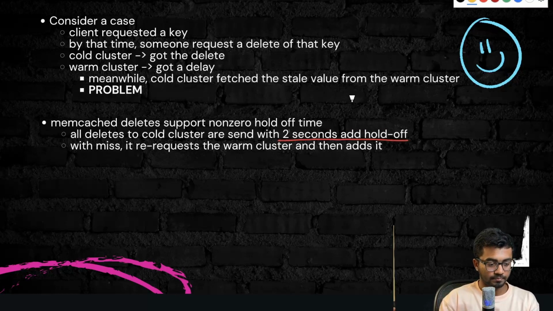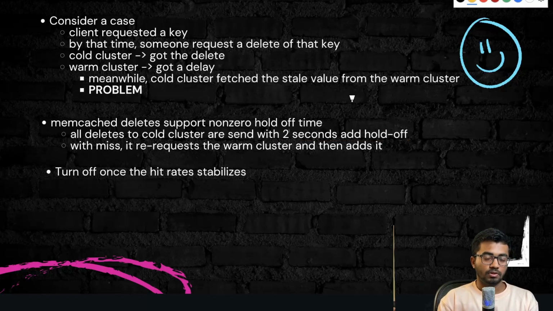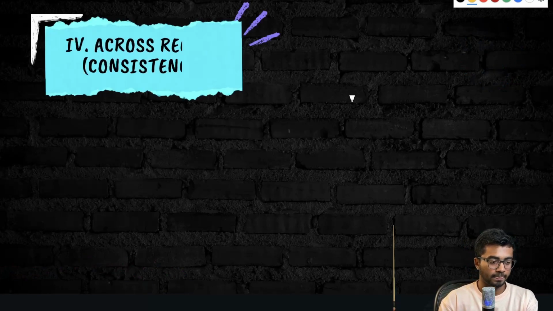Okay, so the connection to the warm cluster and the cold cluster is shut down as soon as the hit rate stabilizes and there is no more huge load on the database due to the new cluster that we provisioned.